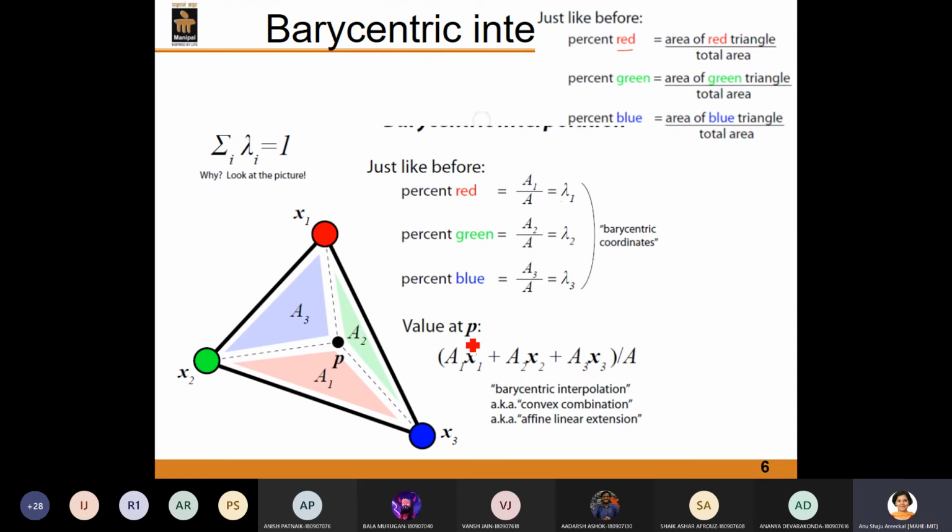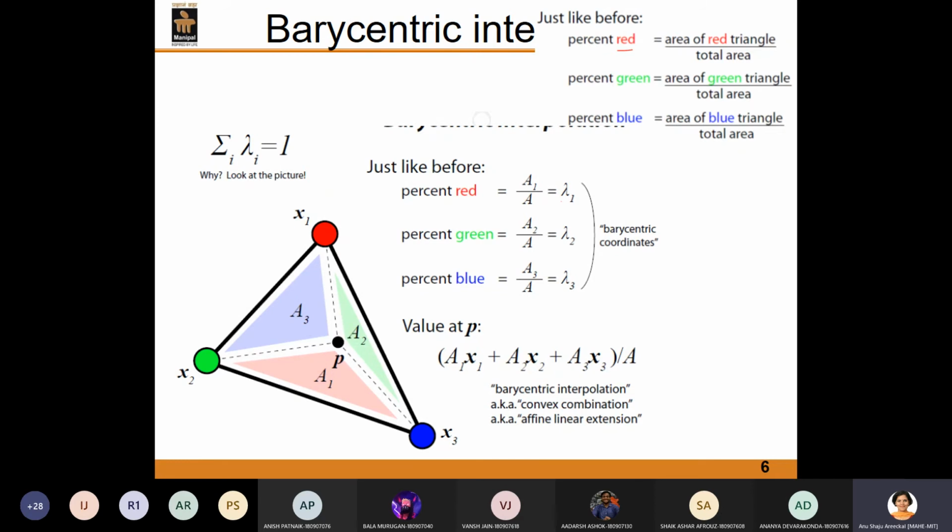In mathematical form, I can write the value at P is equal to A1x1 plus A2x2 plus A3x3, divided by A. So you're taking the ratio of the areas as the weights for x1, x2, and x3, and all of them are averaged together to find the value at this interpolated point.